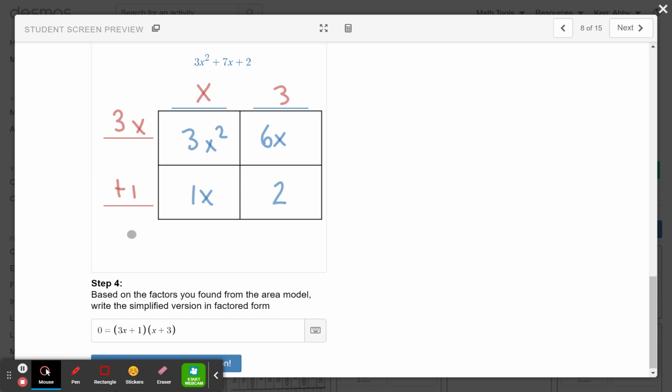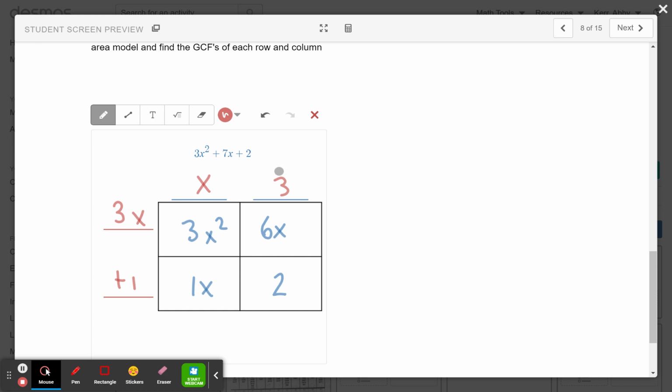Notice I did this incorrectly, and it was because I was rushing. This is actually not a 3. It is a 2. How can I tell? By checking. 3x times x gets us 3x squared. 3x times 2 would get me 6.